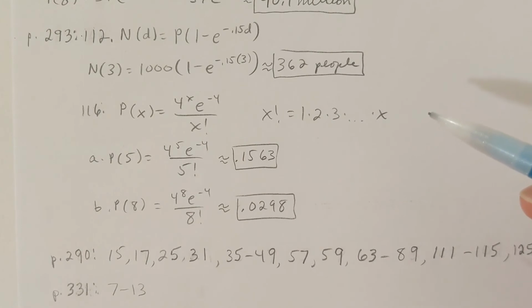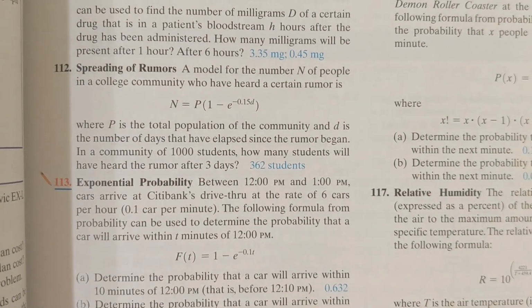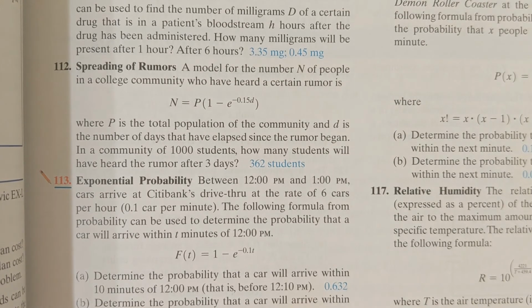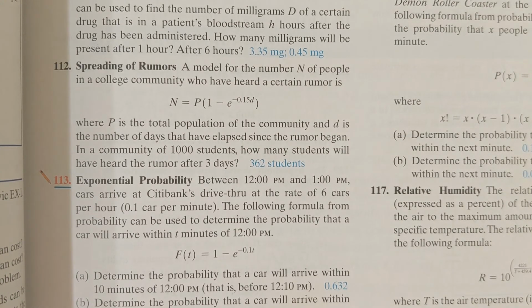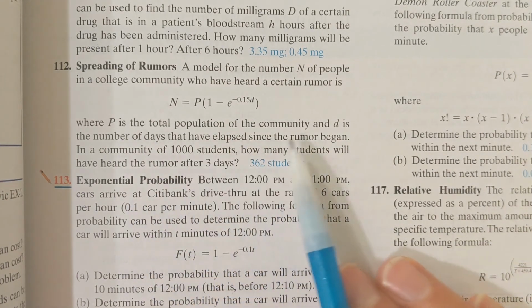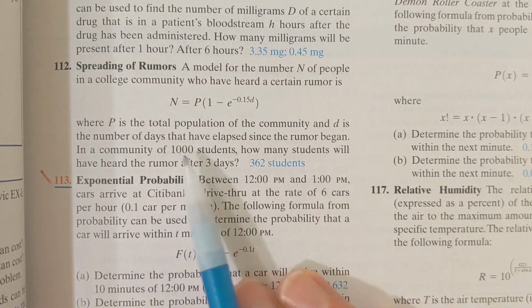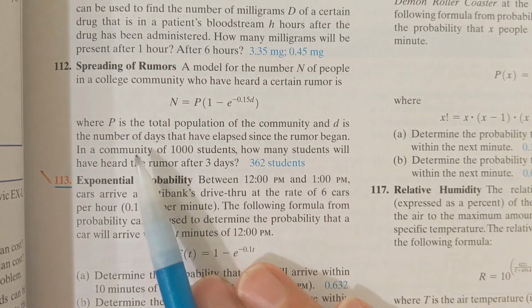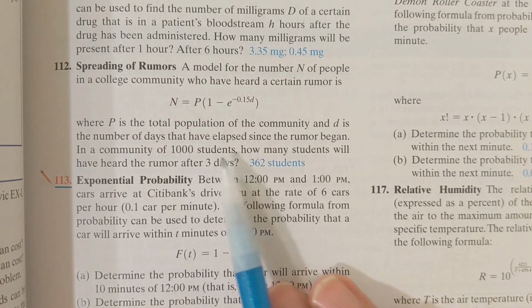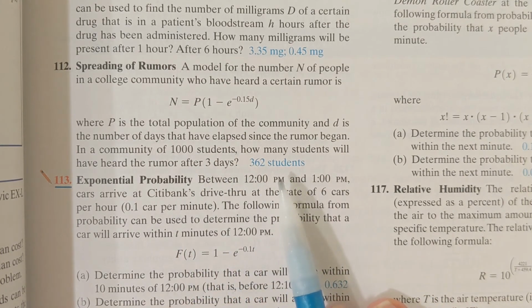On page 293, problem 112. A model for the number n of people in a community college who have heard a certain rumor is given there, where P is the total population of the community and d is the number of days that have elapsed since the rumor began. In a community of 1,000 students, how many have heard the rumor after 3 days?